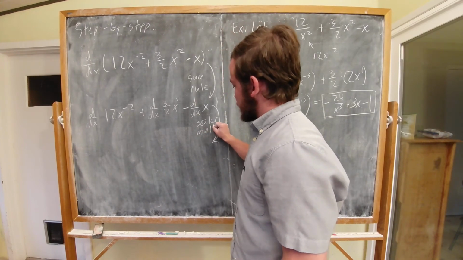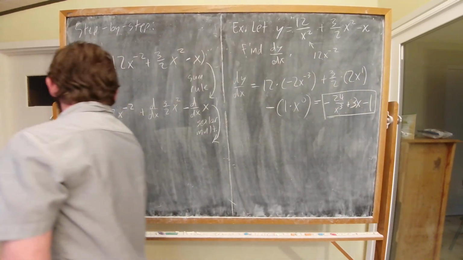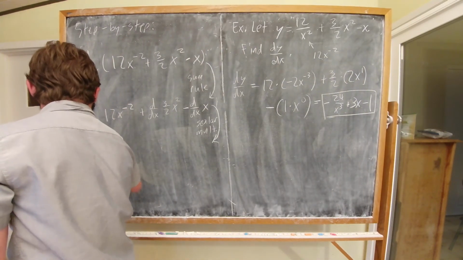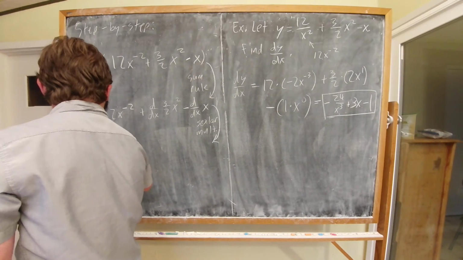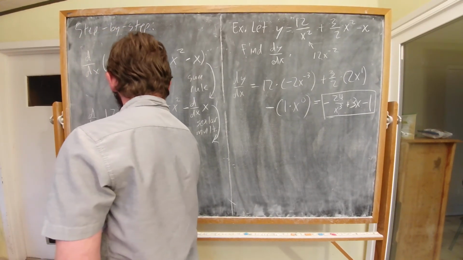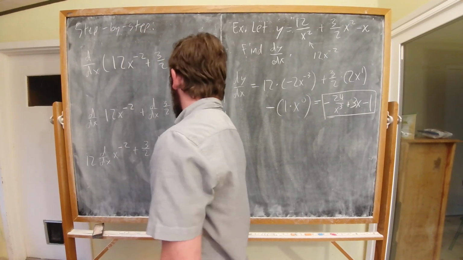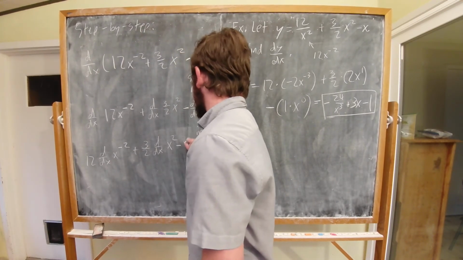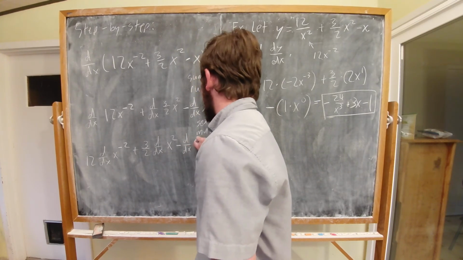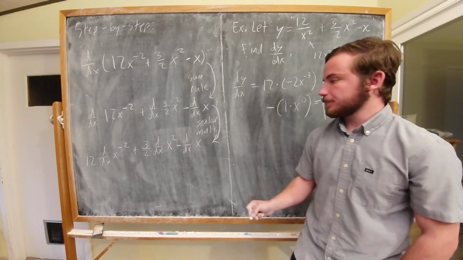So using our rule for dealing with scalar multiples, this is 12 times the derivative with respect to x of x to the negative second plus 3/2 times the derivative with respect to x of x squared minus the derivative with respect to x of x. Right? That one we leave alone. There's no scalar to pull out.